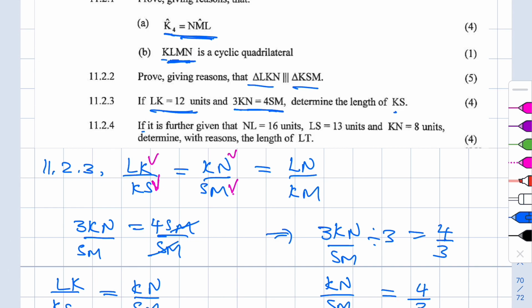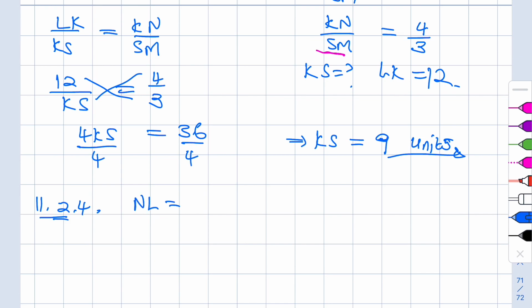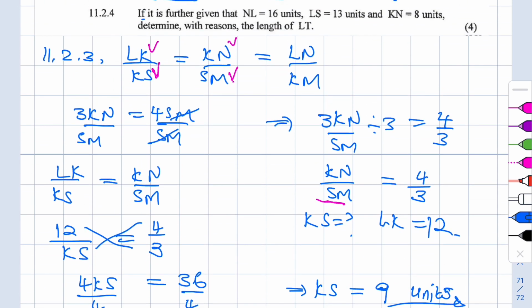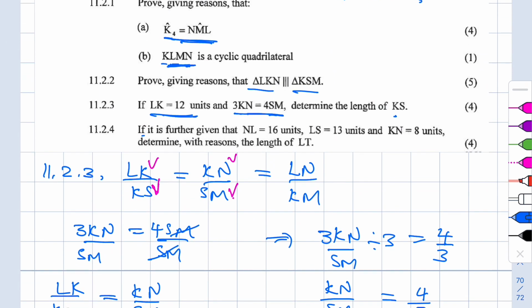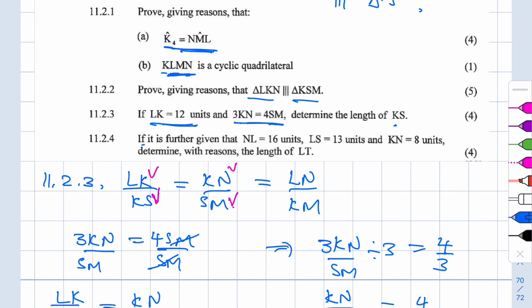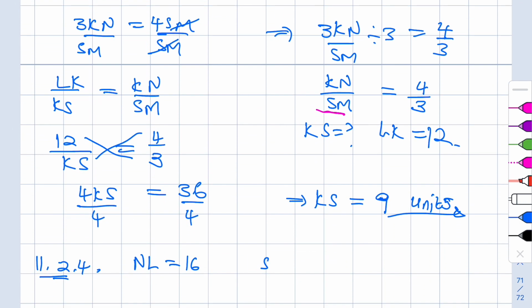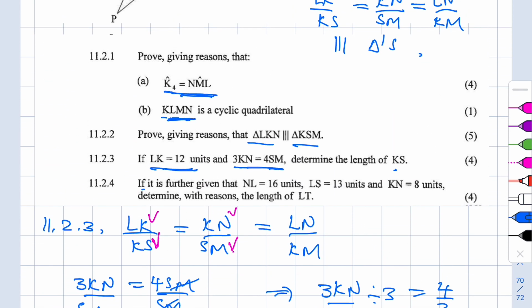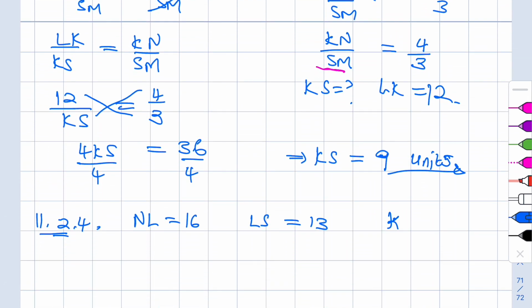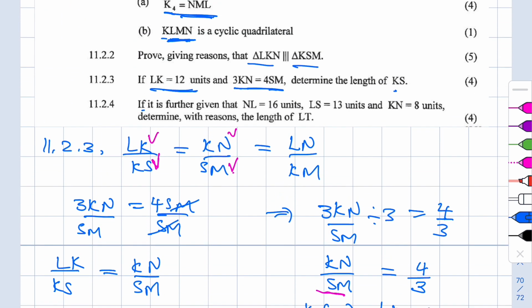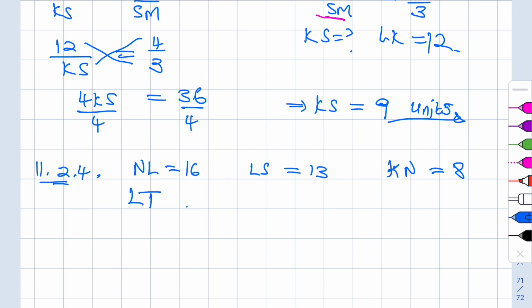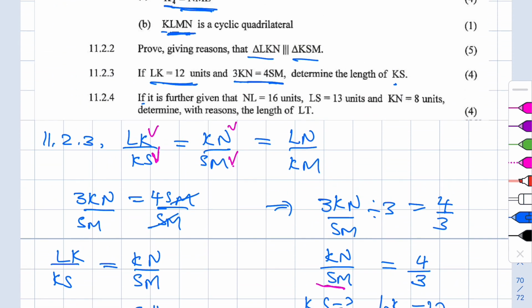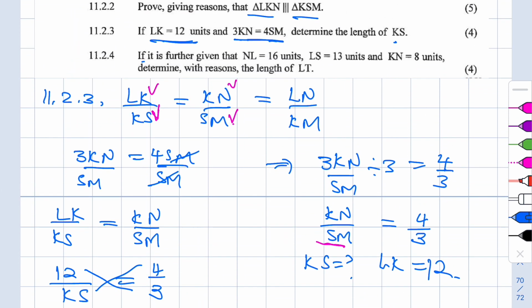It is further given that NL is 16 units, LS is 13 units, and KN is equal to 8 units. They want us to get the length of LT.